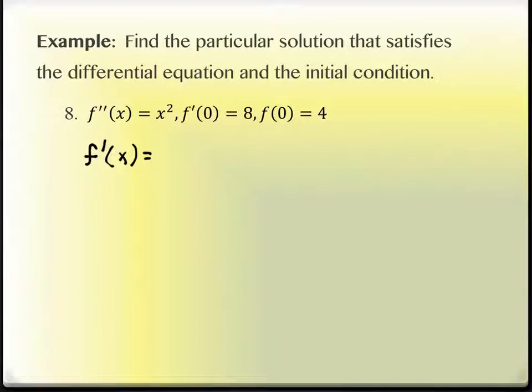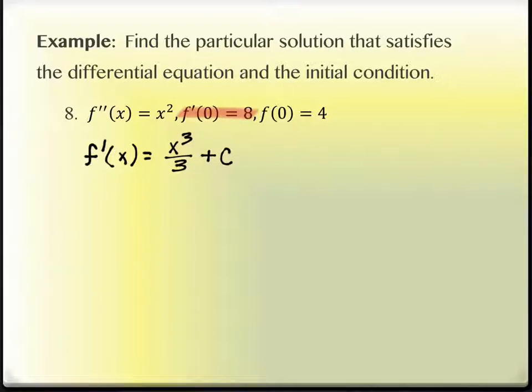So I have x squared. What is the antiderivative of x squared? Perfect. x cubed over 3 plus c. And they give us this initial condition about f prime. They tell us that when 0 is in for x, I get 8 out for y.